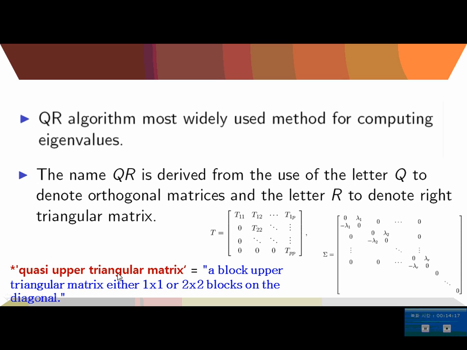A quasi-upper triangular matrix is a kind of block upper triangular matrix like this, but with either 1 by 1 or 2 by 2 blocks on the diagonal. The reason for this comes from the fundamental theorem of algebra.